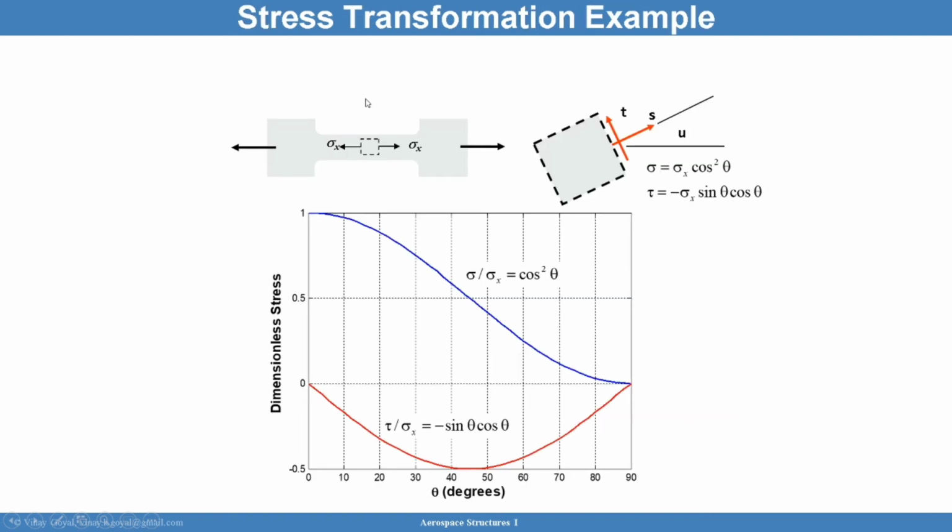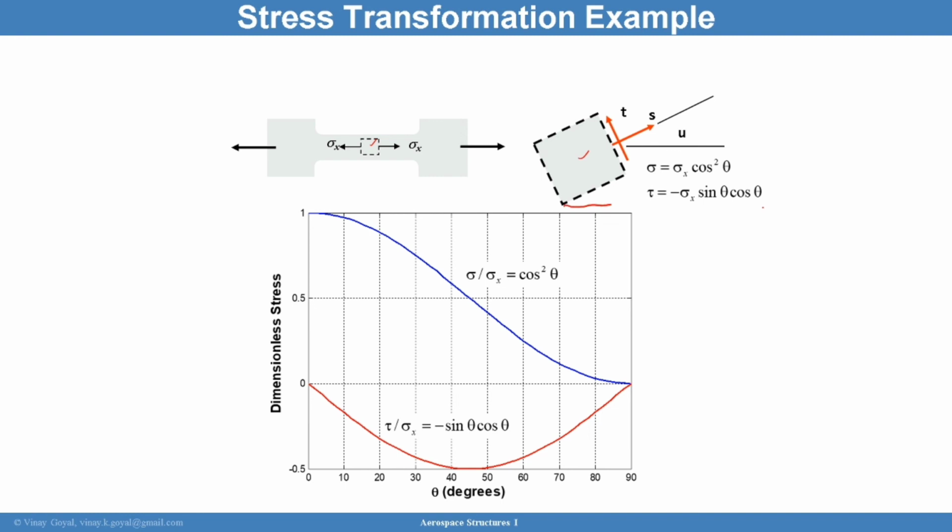If I were to take an example, I have this uniaxial bar and I apply a load in the x direction. I can then calculate what will happen: what is the stress as I rotate this square into that square by an amount theta.